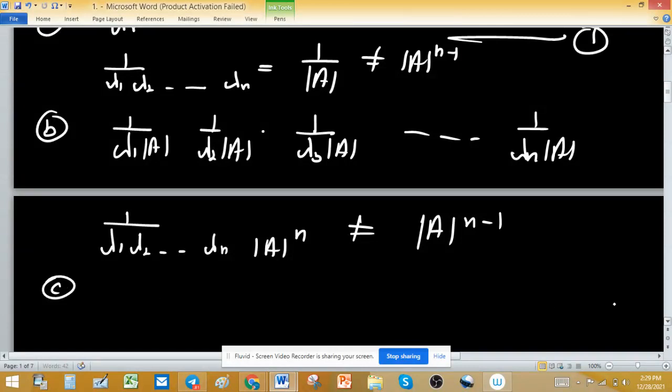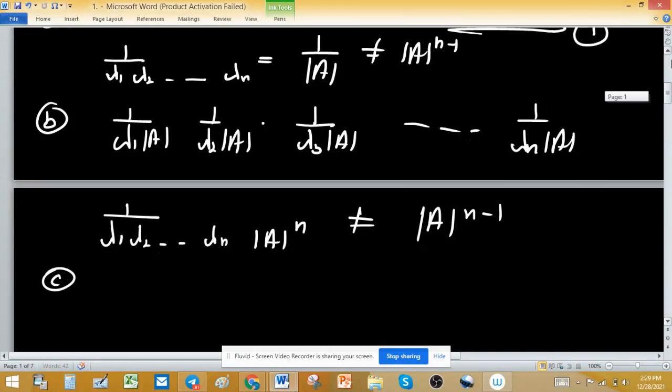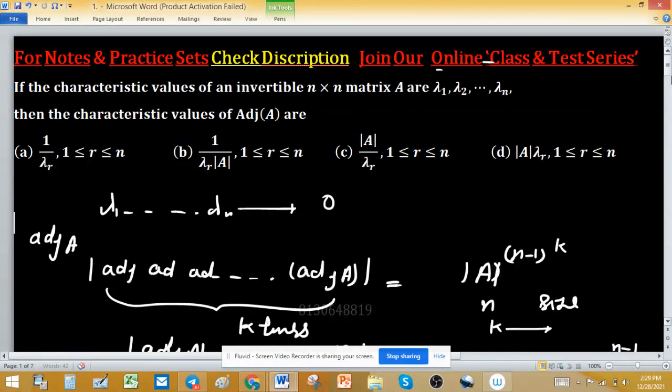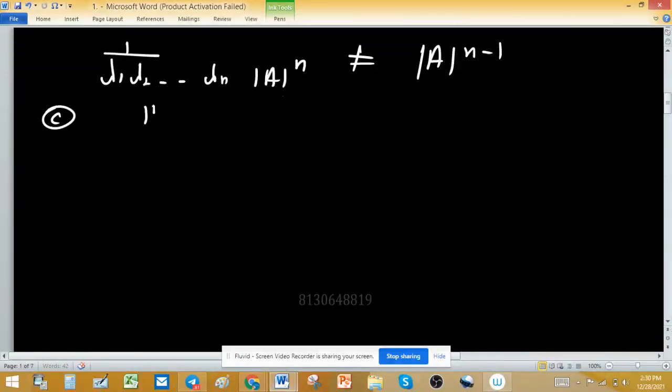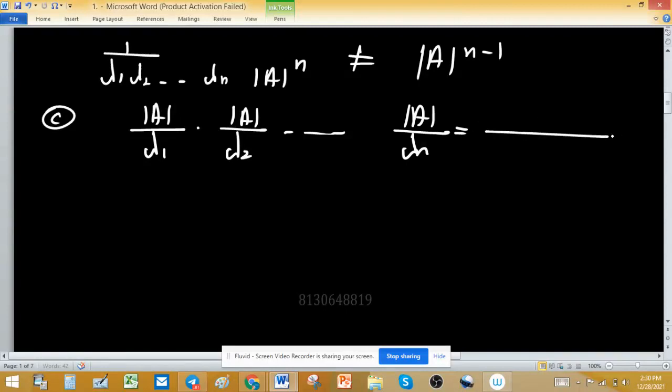Now come to option C. Option C is determinant of A upon lambda r. So determinant of A upon lambda 1, into determinant of A upon lambda 2, and so on, determinant of A upon lambda n. In the denominator I can write the product of the lambda r as determinant of A, and in the numerator determinant of A raised to the power n.